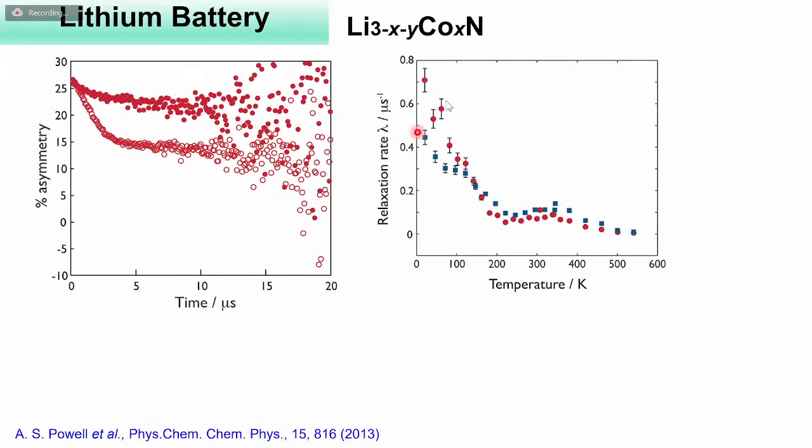Okay, so maybe I will go to here. μSR also can be used to study the lithium battery. For example, this is one example of a lithium battery. This is the μSR time spectra of the lithium battery.